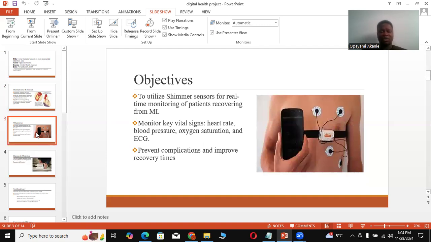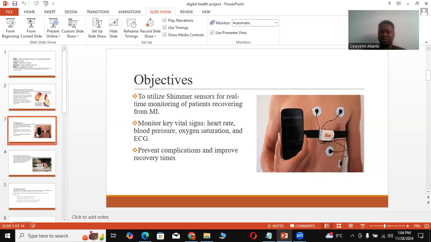So the objective of this project is to utilize Shimmer sensors for real-time monitoring after MI. So we want to check their vital signs in real time. So we check the heart rates, the blood pressure, the oxygen saturation, and ECG. That is the electrical activity of the heart, which is very, very important in this monitoring.